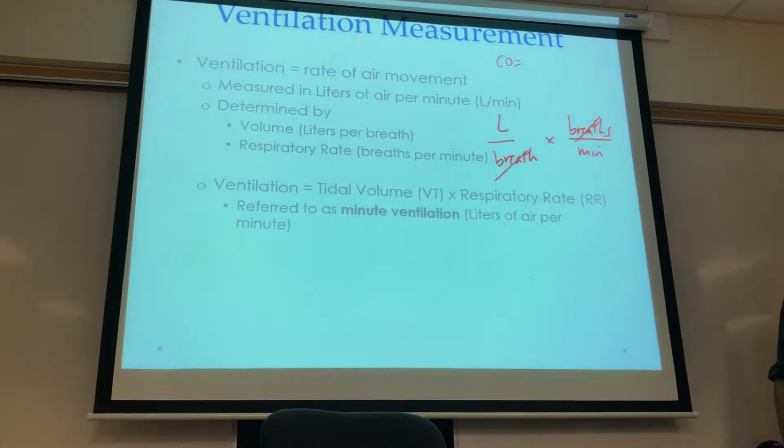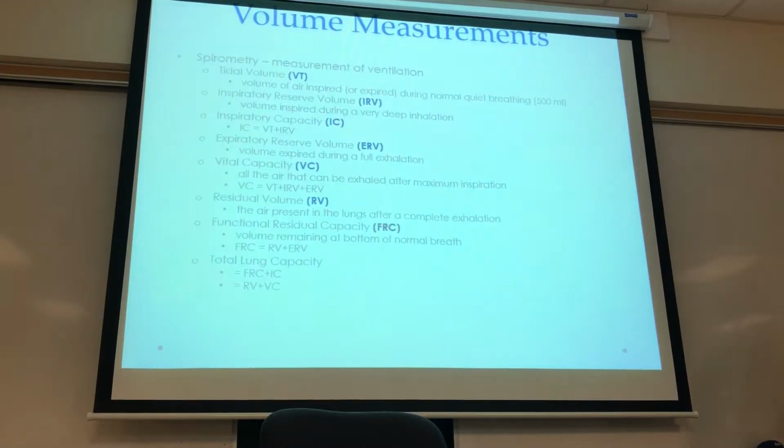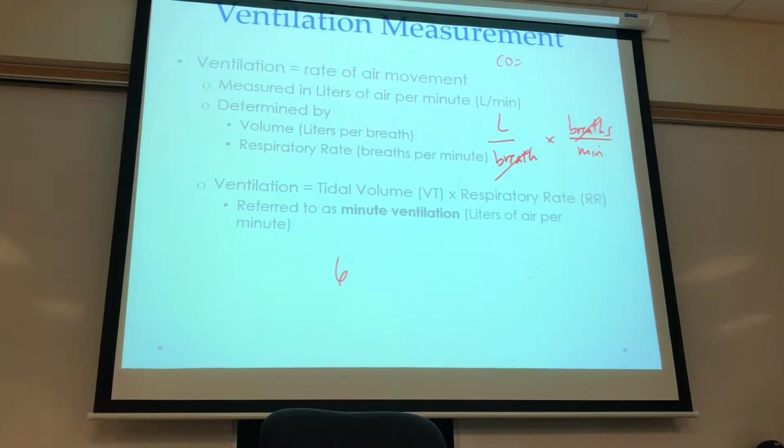In this equation, we did 6,000 milliliters, which comes out to 6 liters of air. 6 liters of air equals 500 milliliters of air times 12 breaths per minute.